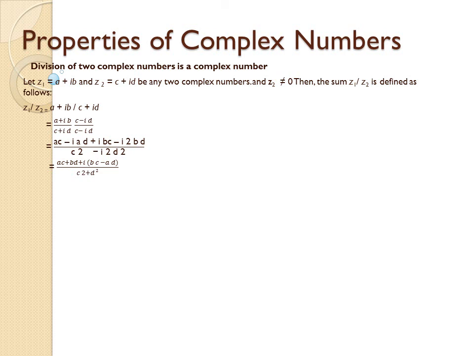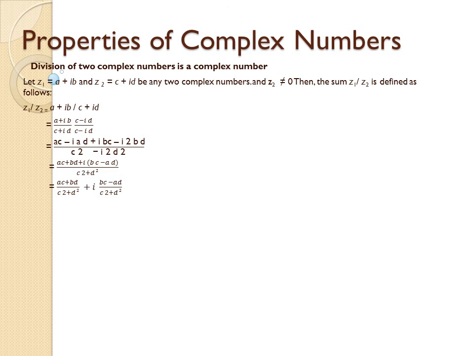So ac, and i square equal to minus 1, so this minus becomes plus, so plus bd, plus i of (bc minus ad), and the denominator becomes c square minus i square d square. I square equal to minus 1, so minus and minus is plus, so c square plus d square. This means if I divide these things, (ac plus bd) divided by (c square plus d square) plus i of (bc minus ad) divided by (c square plus d square).